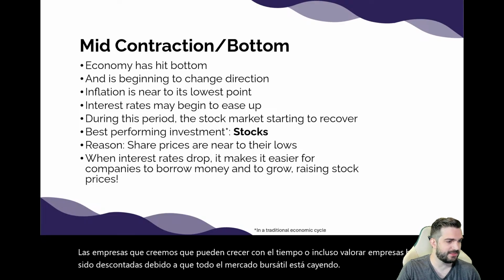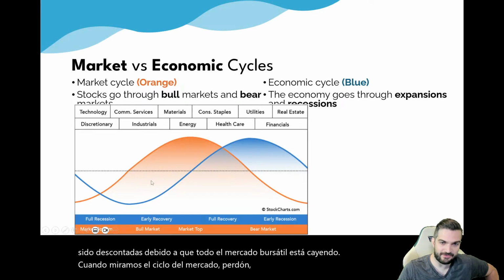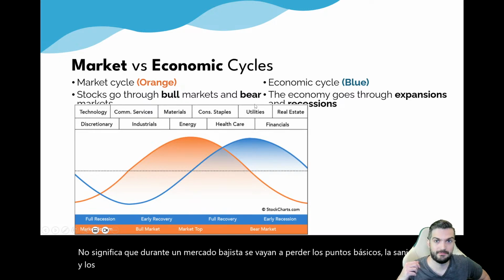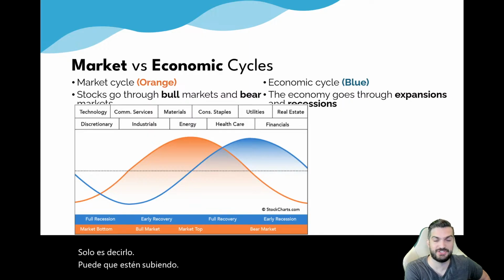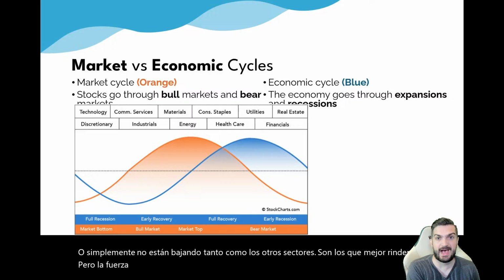When we look at the market cycle, it's not saying during a bear market, staples, healthcare, and utilities are going up. It's just saying that they might be going up, or they're just not going down as much as the other sectors are. They're performing the best, but relative strength is not the same as absolute price change or performance.